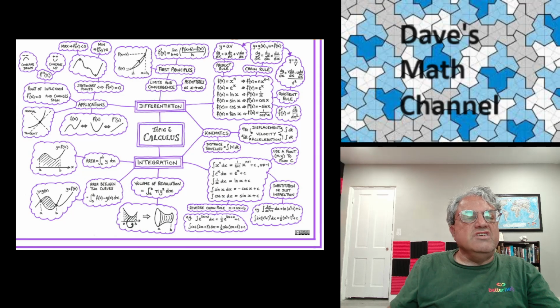But once you have all these definitions down, then you can derive rules. And once you have these rules, this is in the top right, you can compute the derivative of pretty much any kind of function you can think of, elementary functions anyway. Once you have these rules, it becomes very easy to do calculus because you just apply the rules.